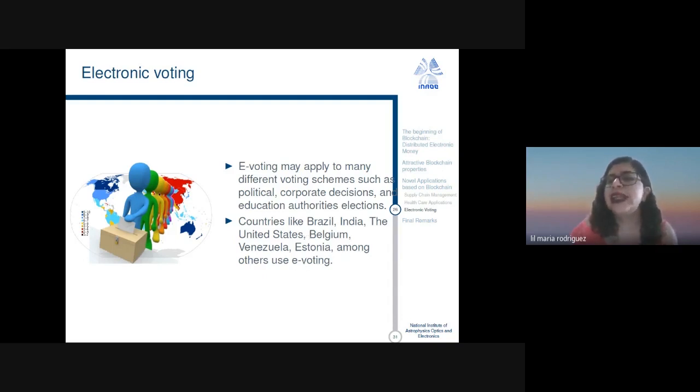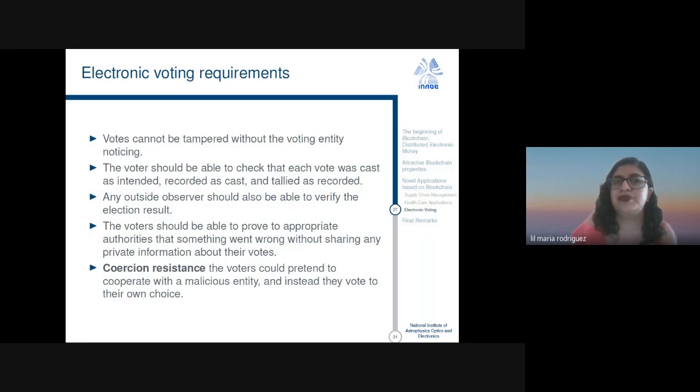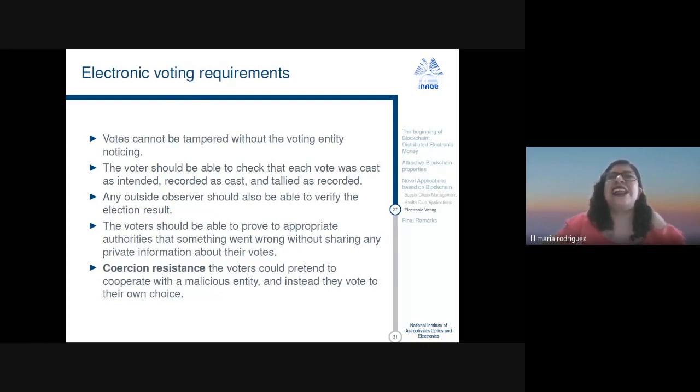So let's see how blockchain can be applied to electronic voting. Electronic voting is an application that has a lot of requirements. Here I am not trying to make a deep study.